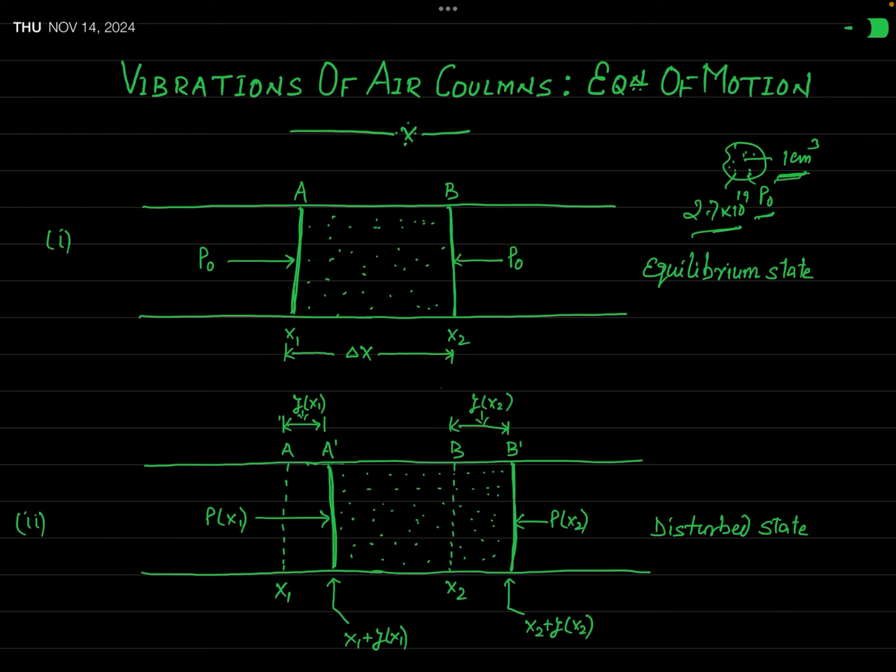So it is clear that a column of gas represents a system almost equivalent to a solid rod. Just as in case of a solid rod, the medium was continuous, and when the rod was disturbed by exerting external longitudinal force, you have seen that the particles of the rod start vibrating in longitudinal manner.